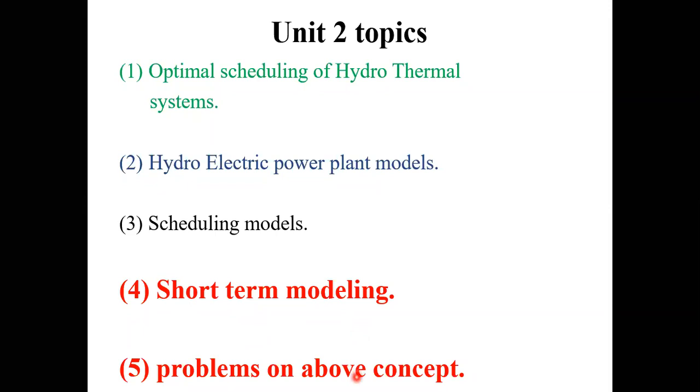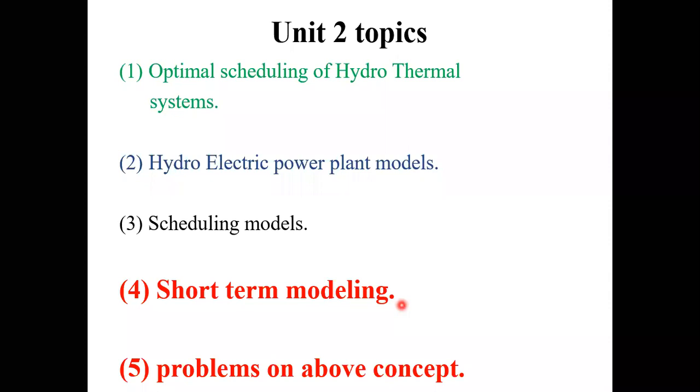And the next one is the problems based upon short-term modeling. So that's why we can say in this unit we have only one topic, short-term modeling, because the fifth topic is also a part of the fourth topic. So literally I can treat unit 2 as only one topic, that is short-term modeling.